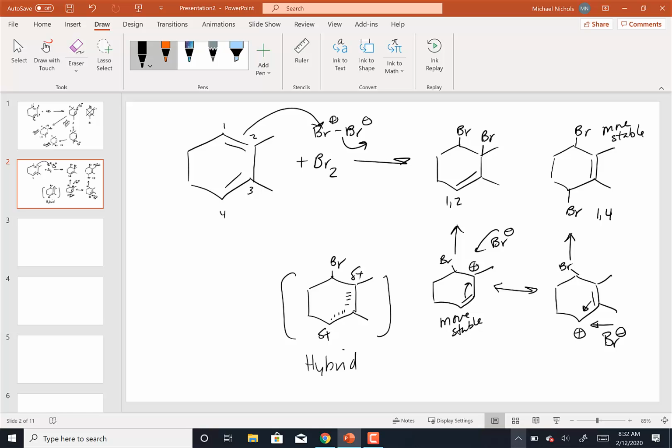So that makes 1,2 the kinetic product. And then, again, don't just assume the other one is the same case, but it's the more stable product, so therefore it is the thermodynamic product.